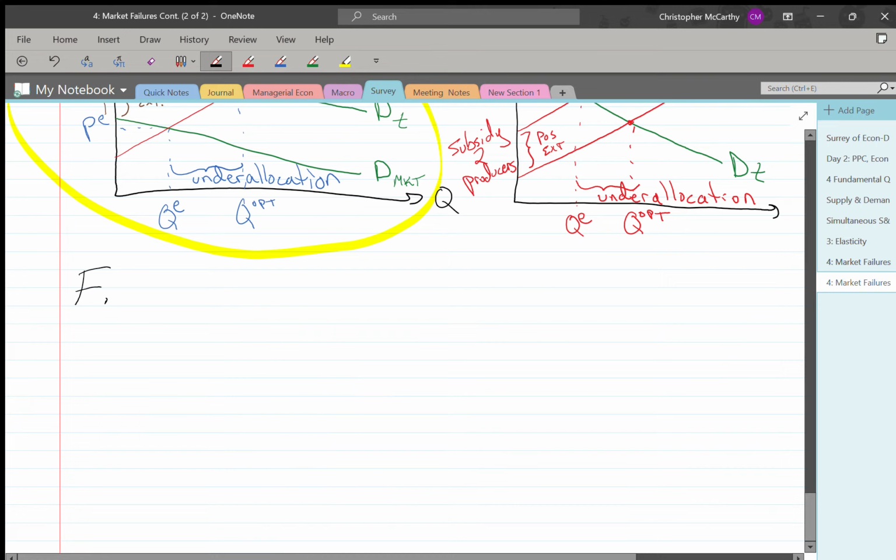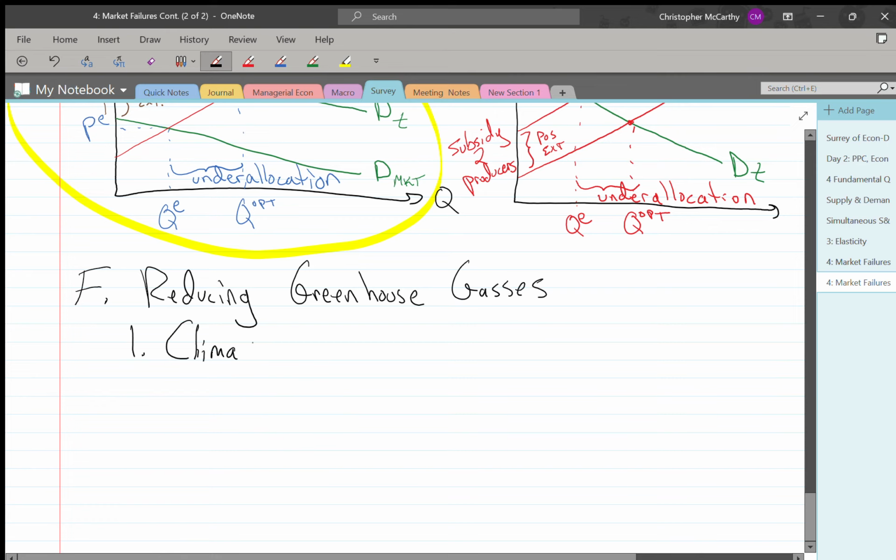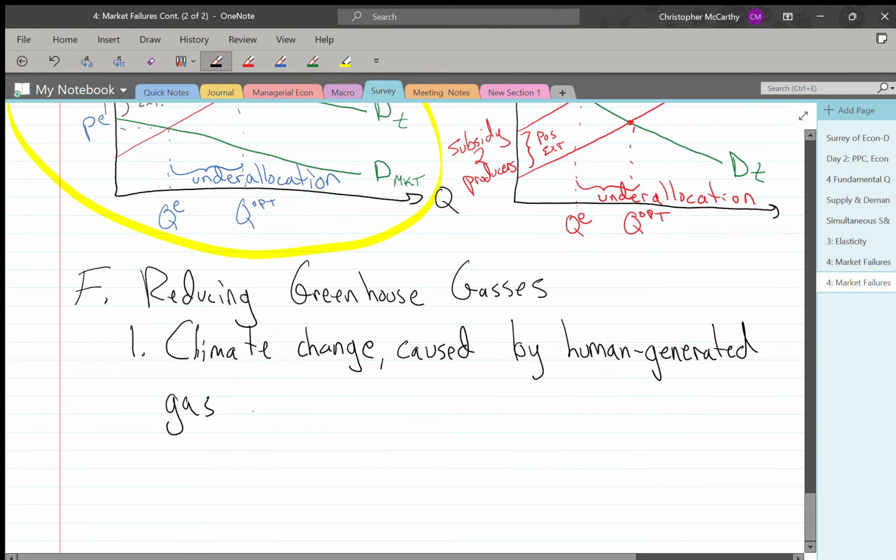Okay, so reducing greenhouse gases. So climate change, which is caused by human-generated gas emissions, is a classic negative externality problem.